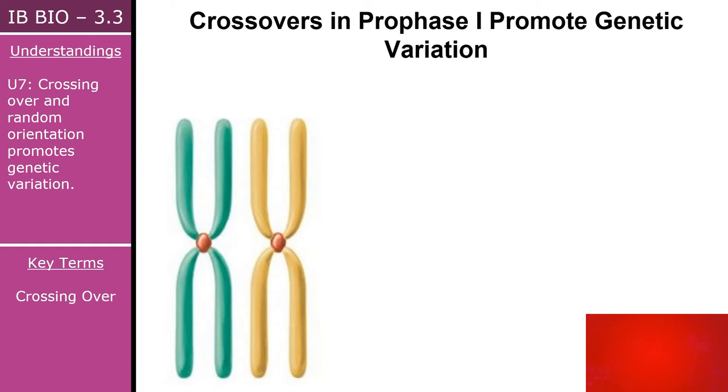So let's take a look at the crossovers in prophase 1. Let's assume that these are a pair of homologous chromosomes. And remember, homologous chromosomes have the same set of genes in the same order, but maybe they have different alleles. So let's say on the green, I have a gene for A and a gene for B and a gene for C in these particular locations.